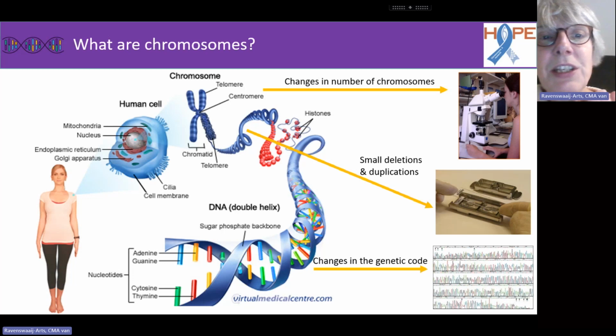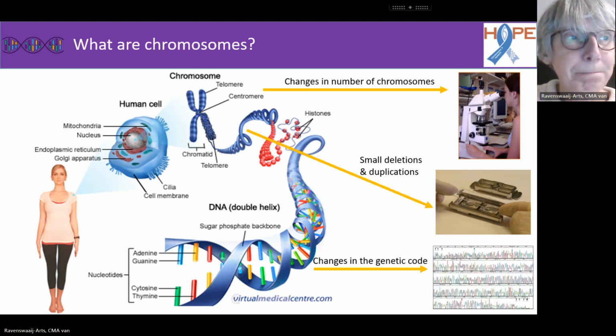To detect changes in the genes themselves, so changes in the genetic code, the genetic code has to be read. This is called sequencing. The order of the DNA building blocks or base pairs is determined by a technique called sequencing. So you can't see this order of the base pairs by microarray. You need a different technique, sequencing.